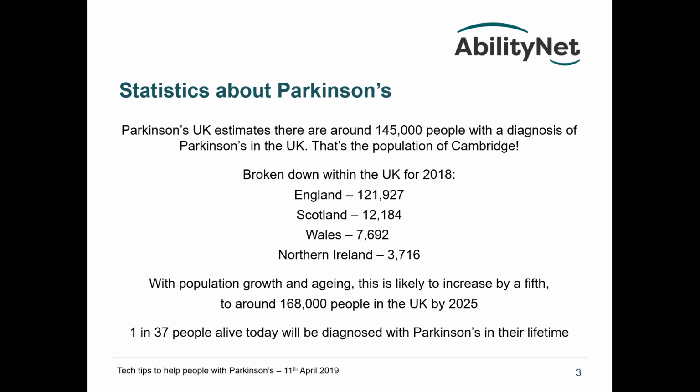So the statistics about Parkinson's are quite interesting. Parkinson's UK, who are the national organisation that support people, estimate that there are around 145,000 people with a diagnosis of Parkinson's in the UK.